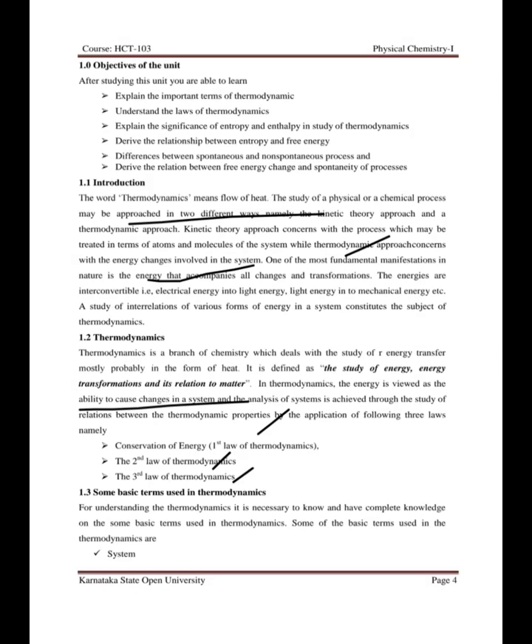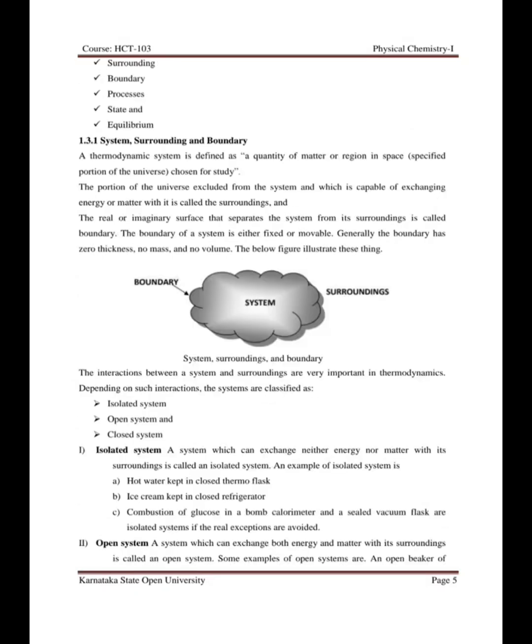Some of the basic terms used in thermodynamics are system, surroundings, boundary, process, state, and equilibrium. These are some of the basic terms we are going to use in the study of thermodynamics.